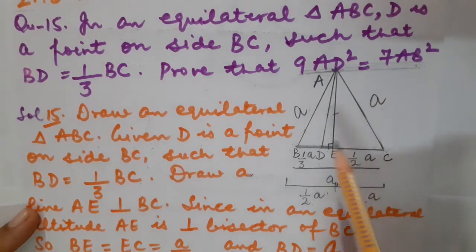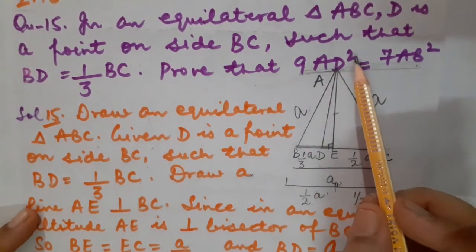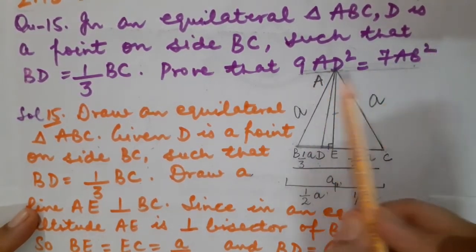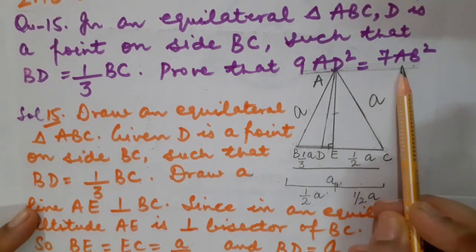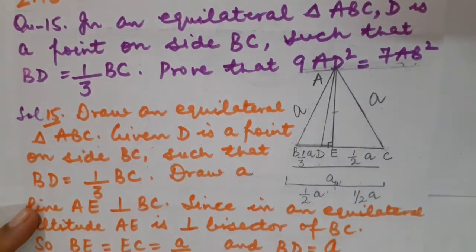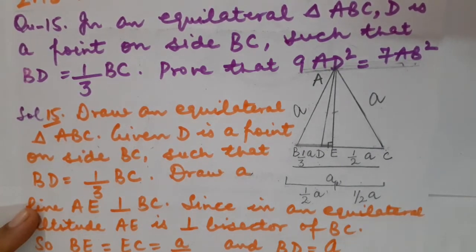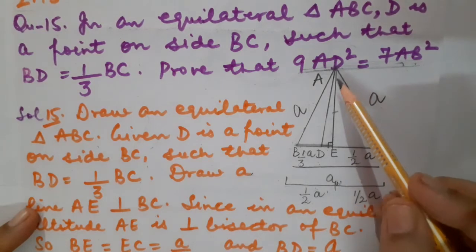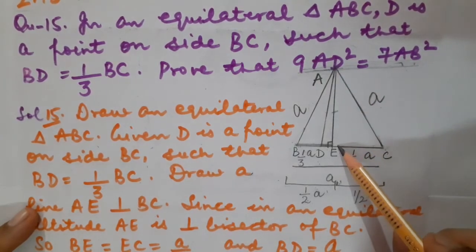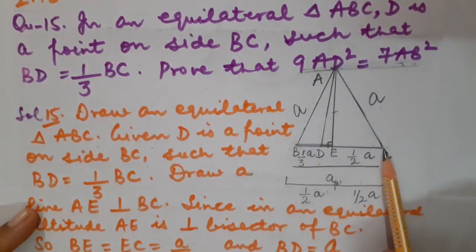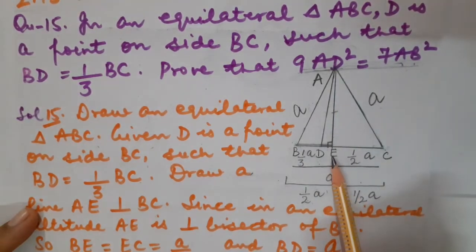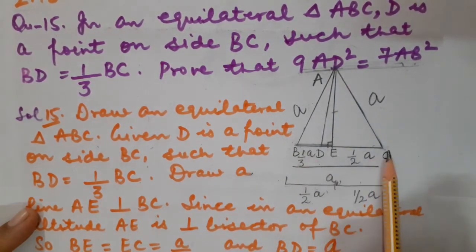Clear? So children, as you know that I am going to talk about the square. These squares I can get either while proving the similarity of the triangles or while applying Pythagoras theorem. And Pythagoras theorem cannot be applied until or unless we have an altitude. So first of all, I am going to draw one altitude from point A on side BC, that is AE perpendicular on BC.